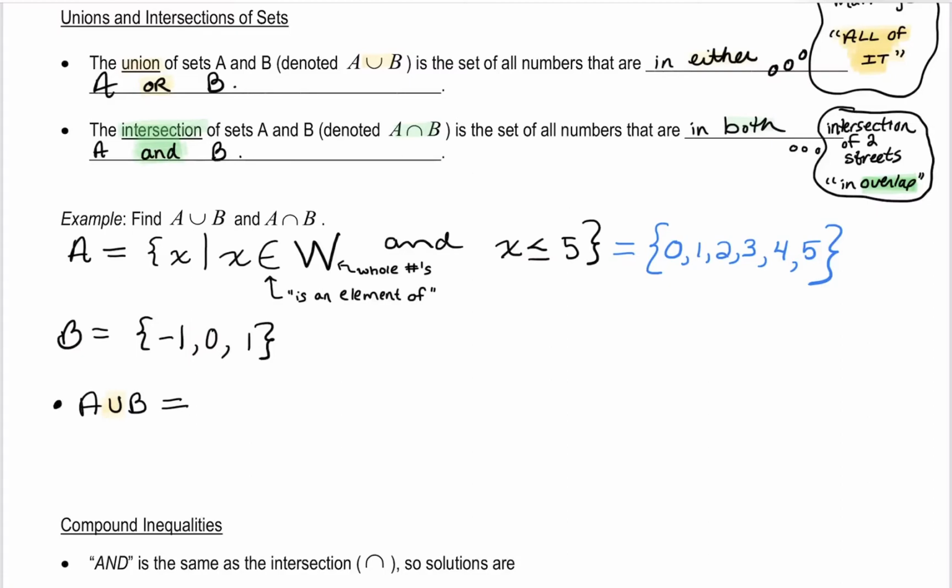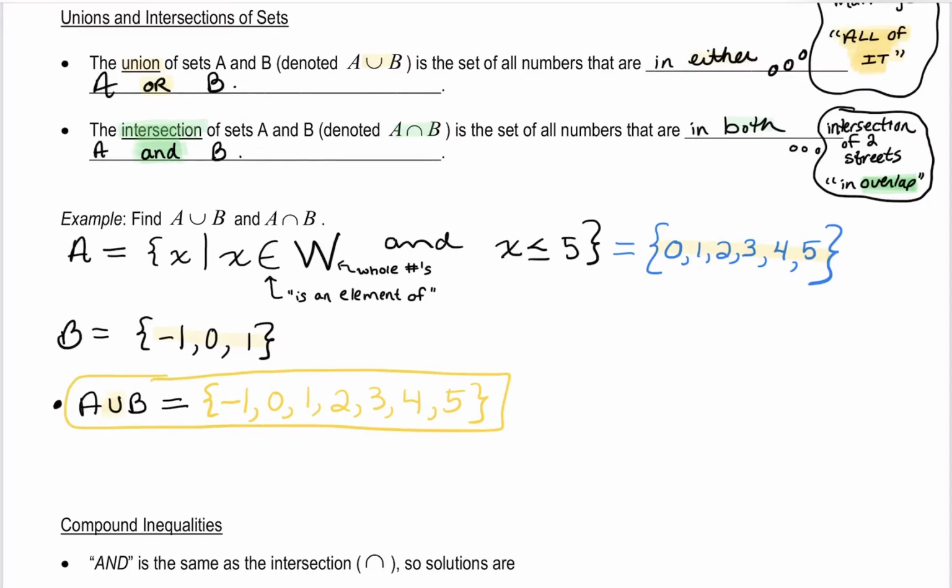Union is a marriage; you take everybody's stuff and put it together and throw out duplicates. So as you write everything out, you take everything in the first and everything in the second, but don't list a number twice. In order: -1, 0, 1, 2, 3, 4, 5. So all of the numbers, that's the union.